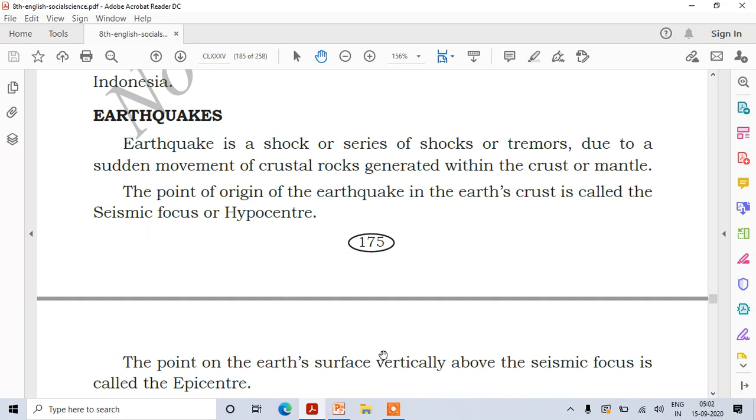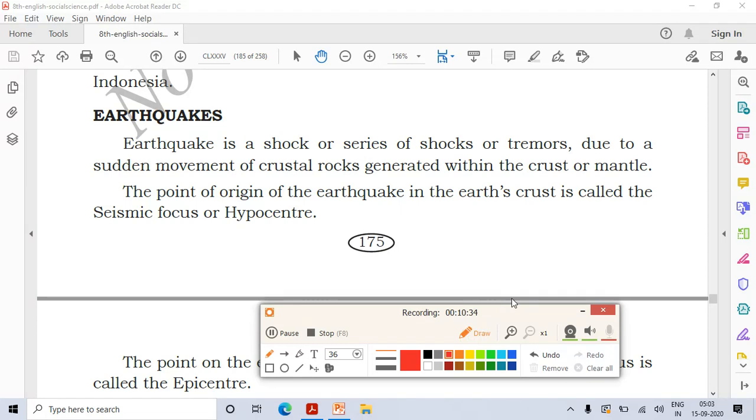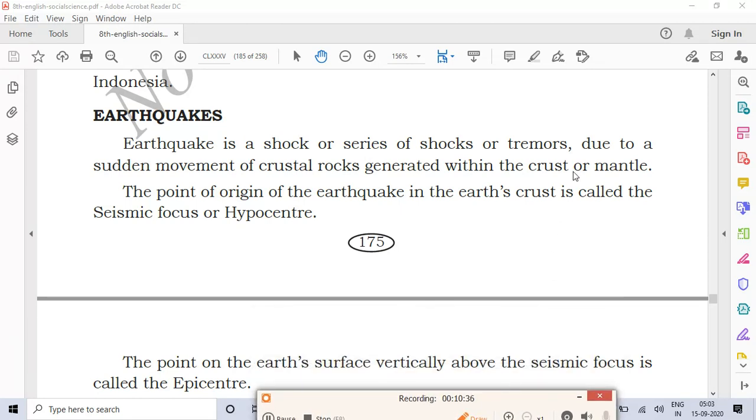Earthquake is a shock or series of shocks or tremors due to sudden movement of crustal rocks generated in the crust or mantle. Whenever there is some movement in the tectonic plates in the earth crust, an earthquake will happen. It is a type of shock or series of shocks; sometimes one shock will come, again two or three shocks will come.